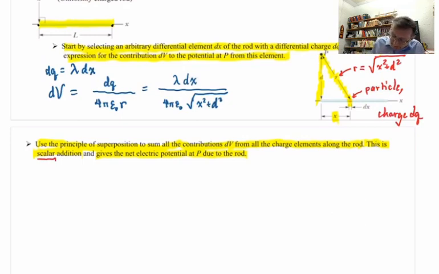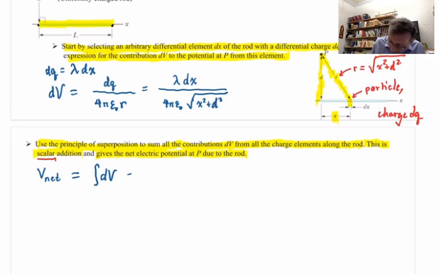So V net at point P is what you get when you add up all the dVs from all the little pieces that make up the rod.